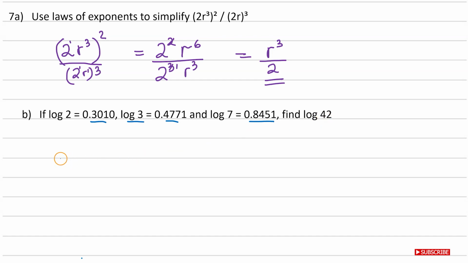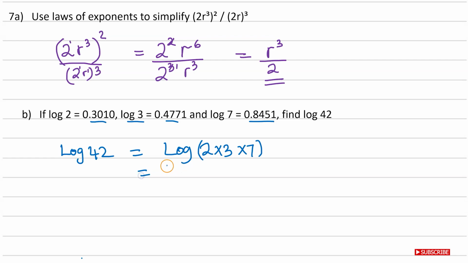So we know we can break this down. Log 42 is going to be equal to log of 6 times 7, and we know 6 is 2 times 3. So that's 2 times 3, which is 6, and times 7. This will give you log 42. Now what do we do when we have multiplication? We can break this down and add.